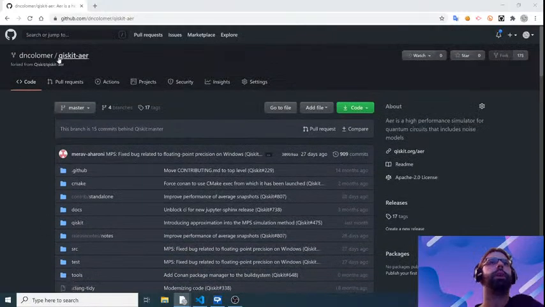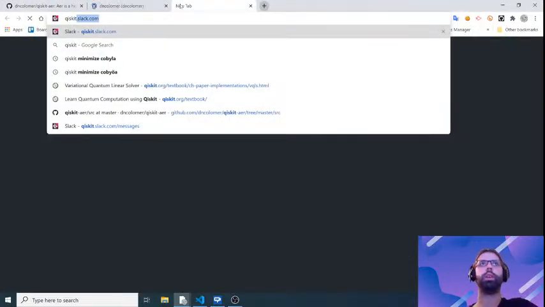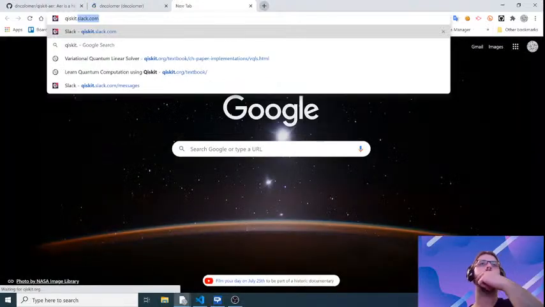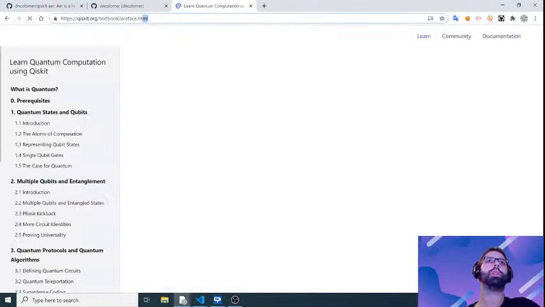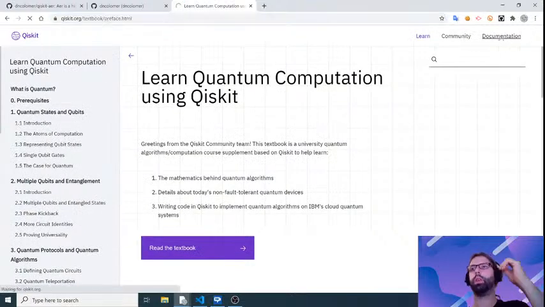Let me see, because Qiskit, not the Slack, but Qiskit.org, not the textbook. I don't want a textbook. I want the actual, maybe the documentation.